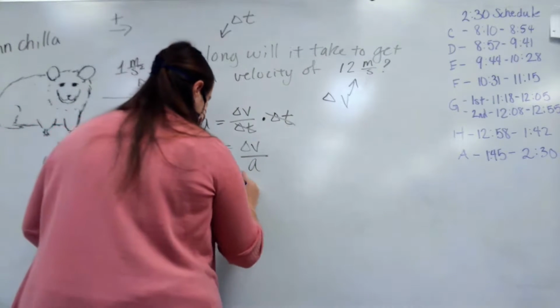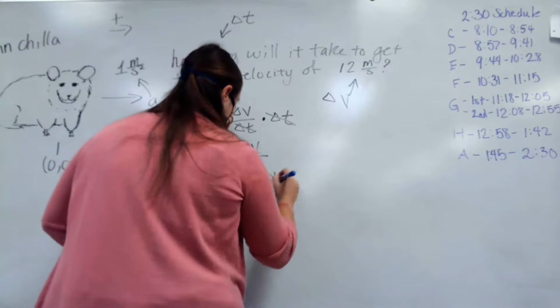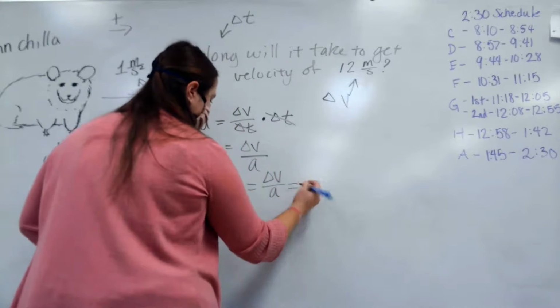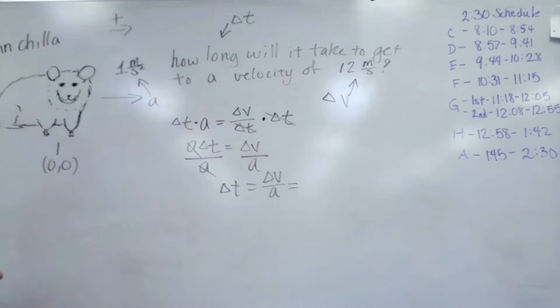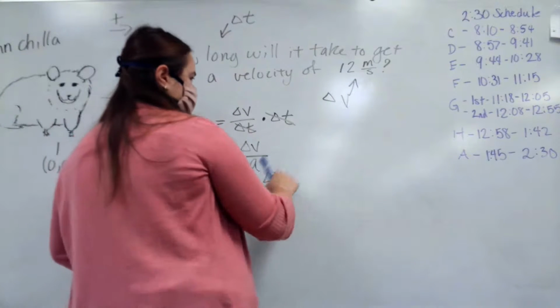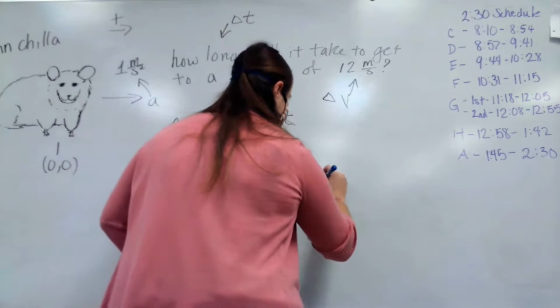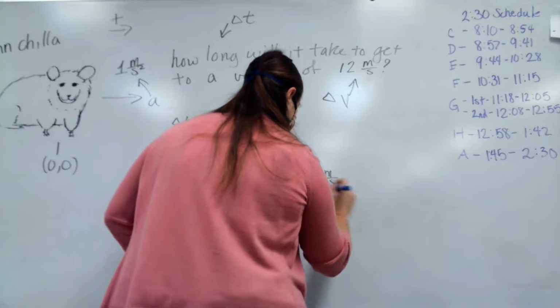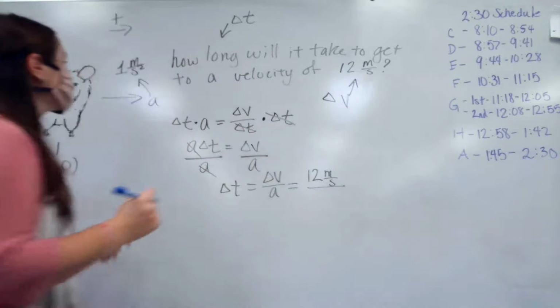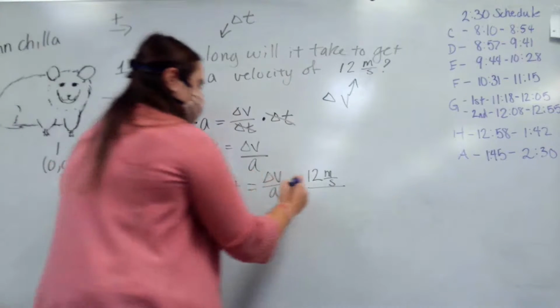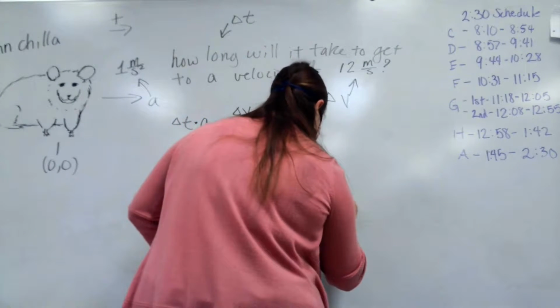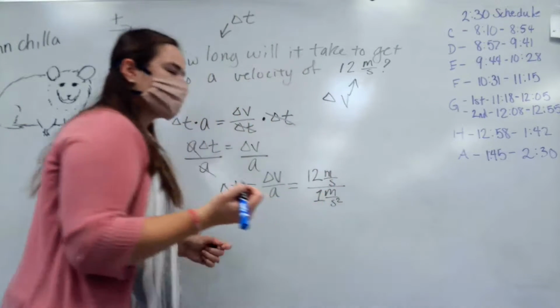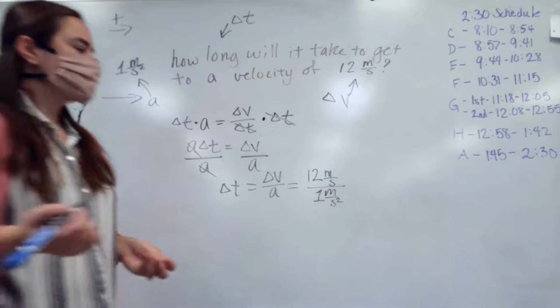We get delta T is delta V divided by our acceleration. We'll put our numbers in. So our V goes on top. We get 12 meters per second. Our acceleration goes on the bottom. So that's 1 meter per second squared. Okay? 12 divided by 1 is just 12.